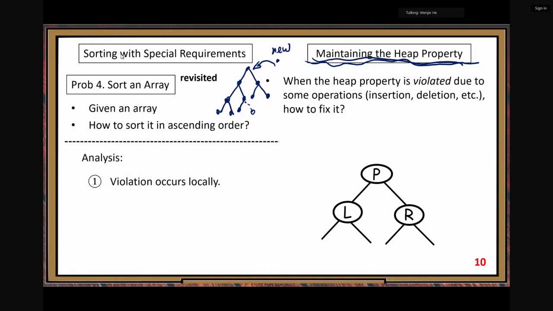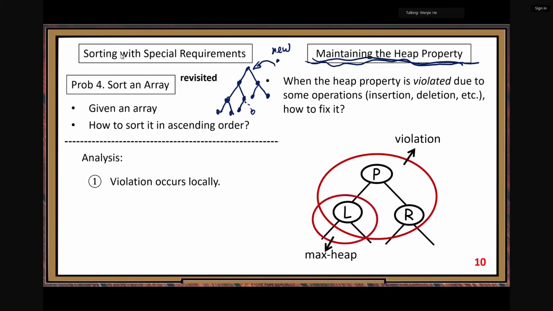Violation occurs locally. If violation occurs locally, how do we fix? Violation means the max heap property is not satisfied. So we need to fix.